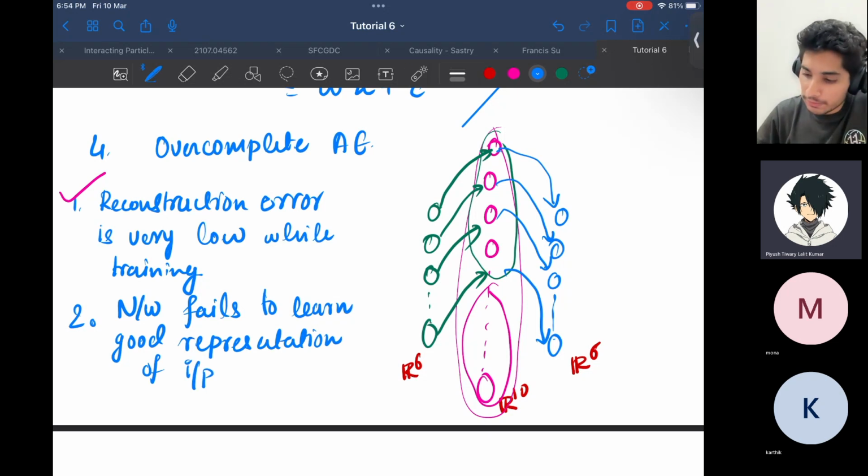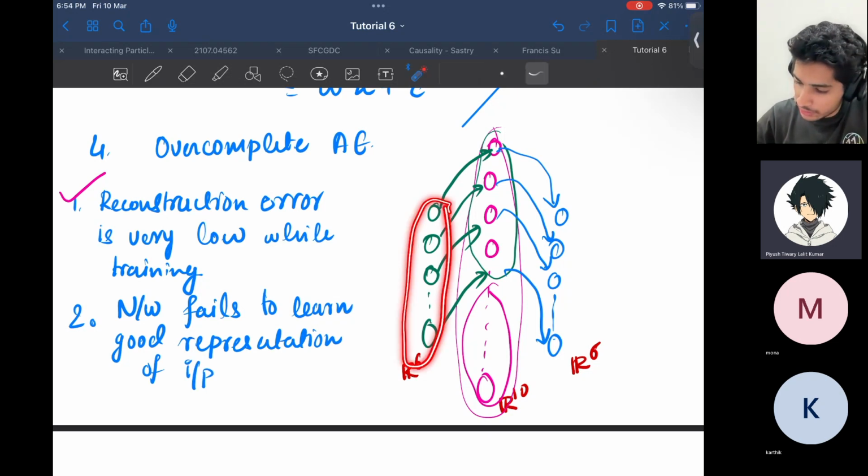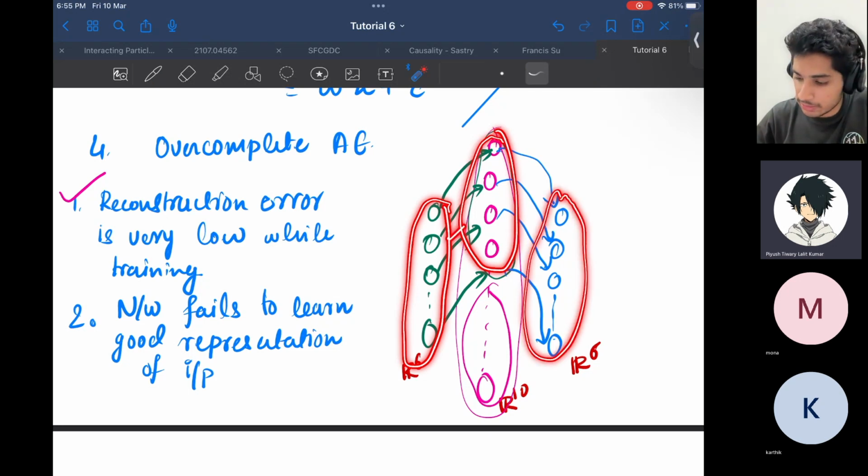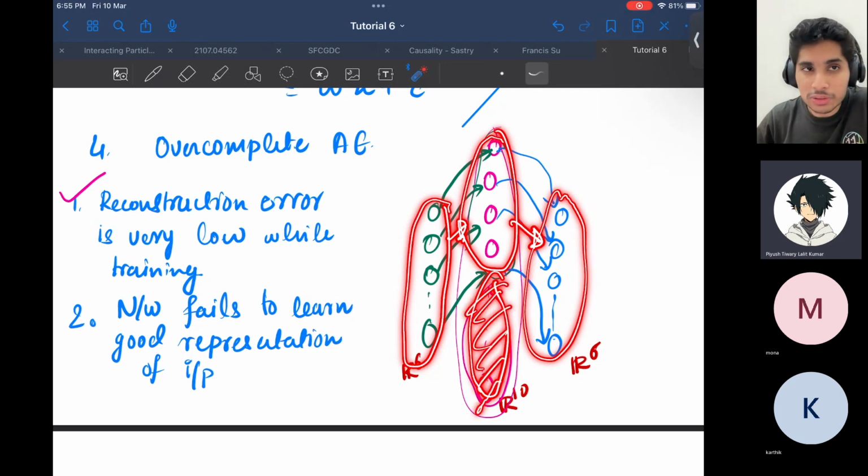Is this true? Well, we just saw that what the network did was actually just memorize your data. It just memorized this and copy-pasted it here. So it has actually not learned anything. This part of the network was trash. You didn't need it. There was nothing meaningful here. So this representation is actually useless for me.